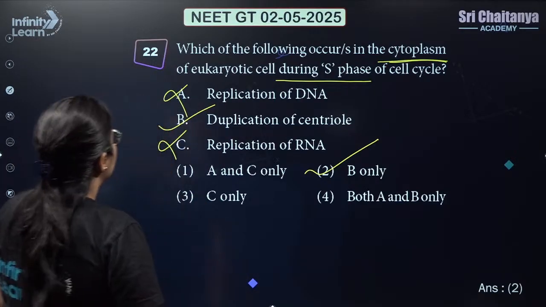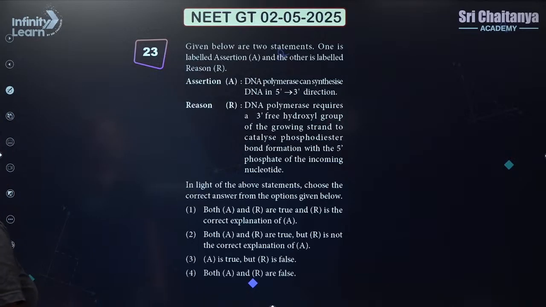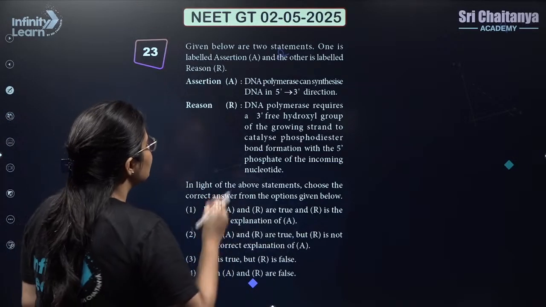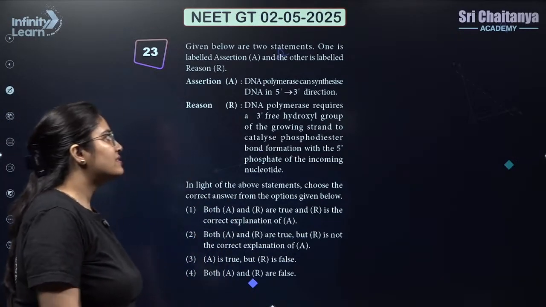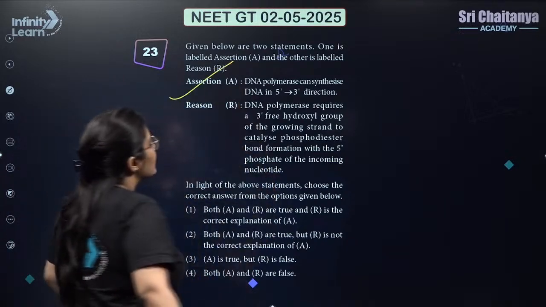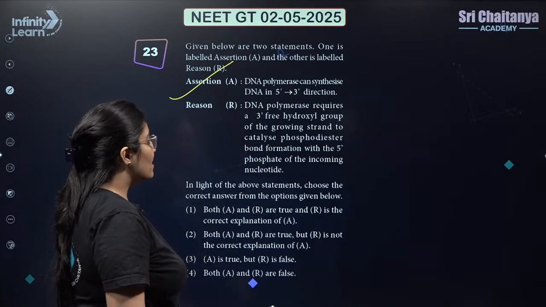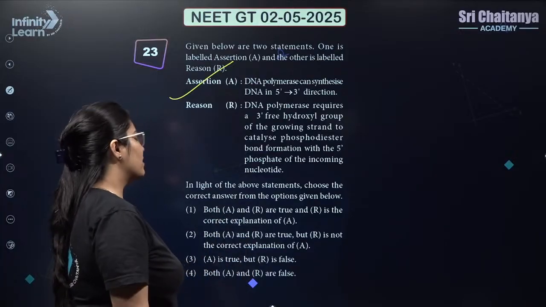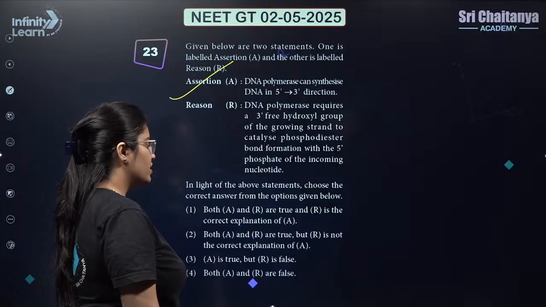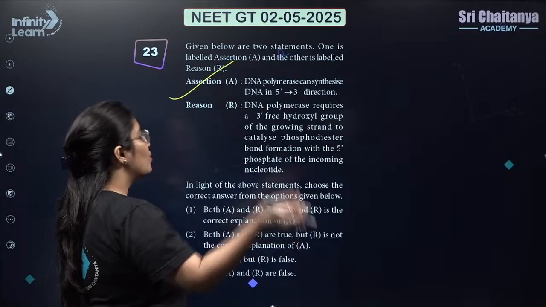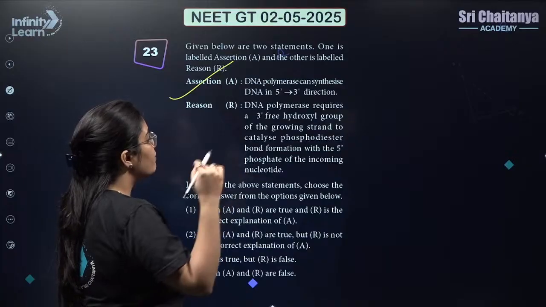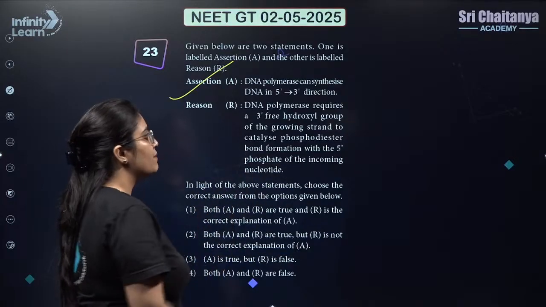Next. Assertion and Reason. DNA polymerase can synthesize DNA in 5' to 3' direction. Correct. DNA polymerase requires a free hydroxyl OH group on the 3' end of the growing strand to catalyze phosphodiester bond formation with the 5' phosphate of the incoming nucleotide.